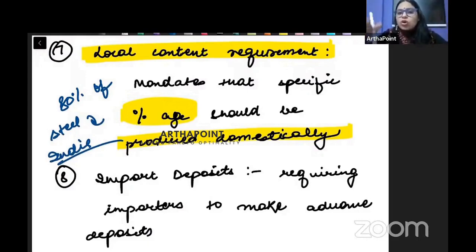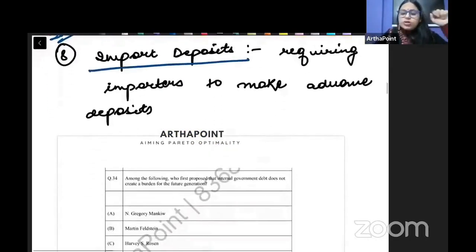That is called local content requirement. Okay. Last is import deposit. Now what we are saying is, if you want to import, you will have to make an advance deposit. You need to make some advance deposit, only then you can import. That is called import deposit.